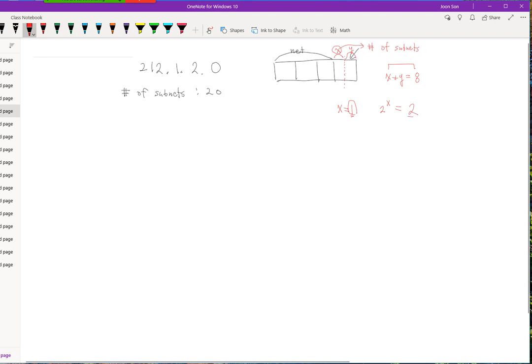But this means we can only create 2 subnets with 1 bit, and what is required is 20, so I have to go further.